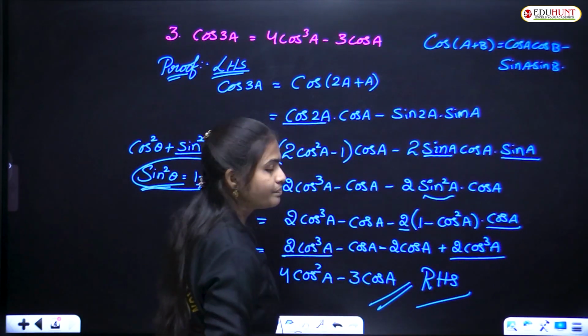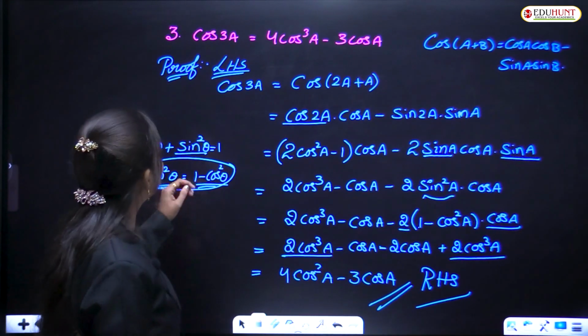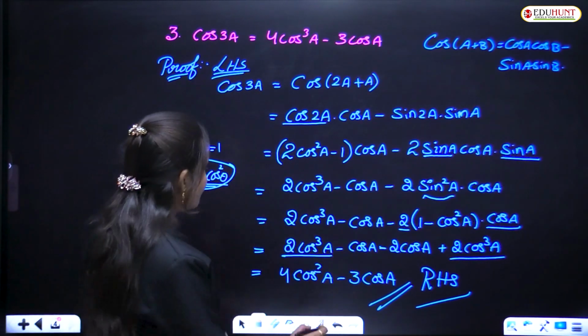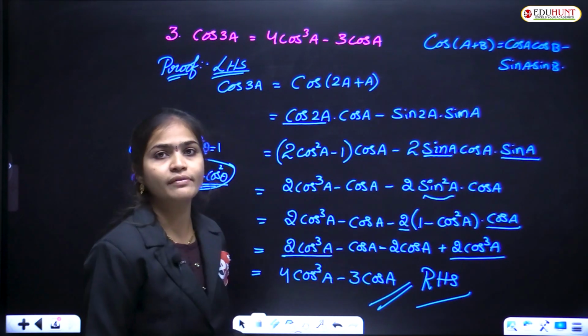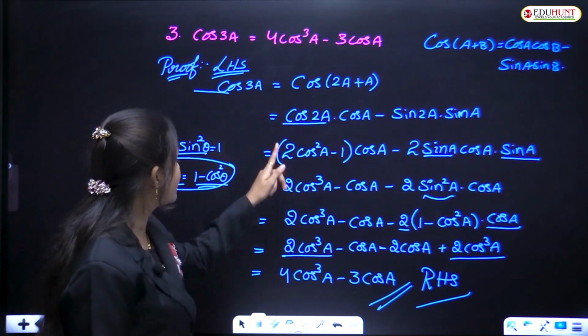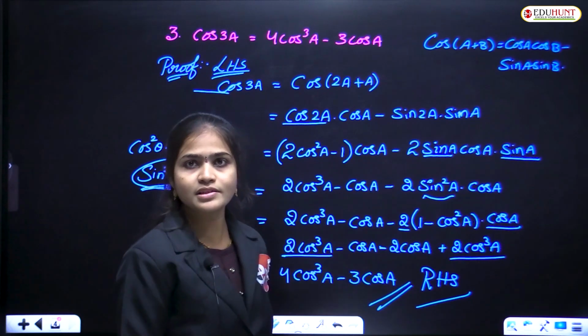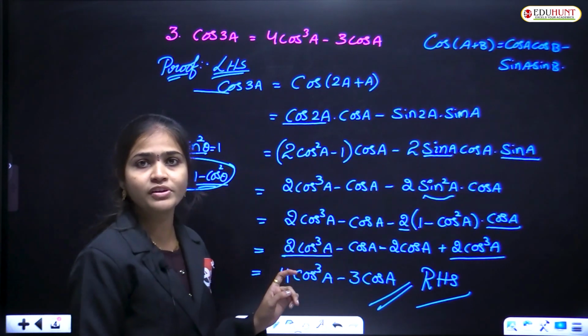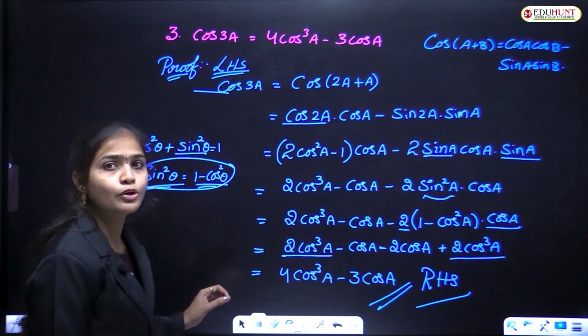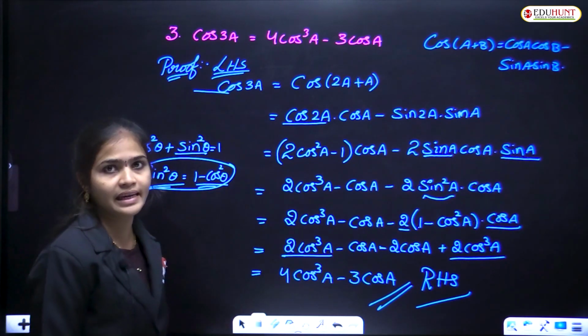Hence it is proved. Understand? See here, the formula came or not? 4 cos cube A minus 3 cos A. We took the LHS, we proved the RHS. So this is the formula for cos 3A. Once again, what is the formula for cos 3A? 4 cos cube A minus 3 cos A.